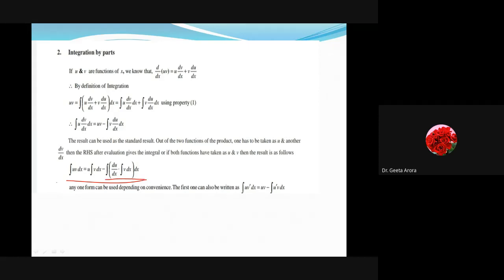Right? Let me read out again. Integral of uv is first function into integration of second, second means v, minus differentiation of first, which gives me du by dx, into integration of second, and their whole integration.